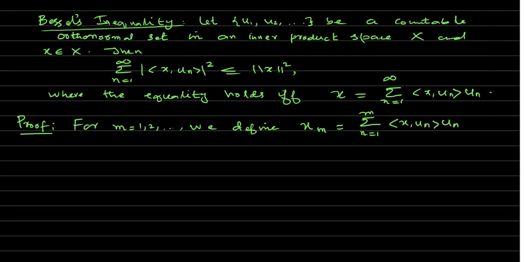So this is a vector in H, and the inner products of x with un are scalars in K. It is a linear combination of these un's with scalars inner product x, un. For each m you define this vector xm.